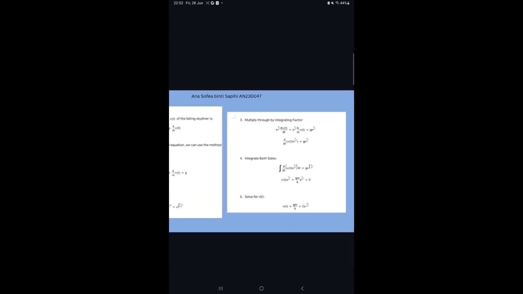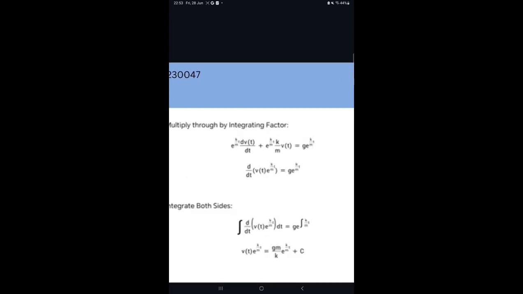Then we multiply through by the integrating factor, and for the fourth step, we integrate both sides, so we have v(t) e to the power of k over m t equal to gm over k e to the power of k over m t plus c.